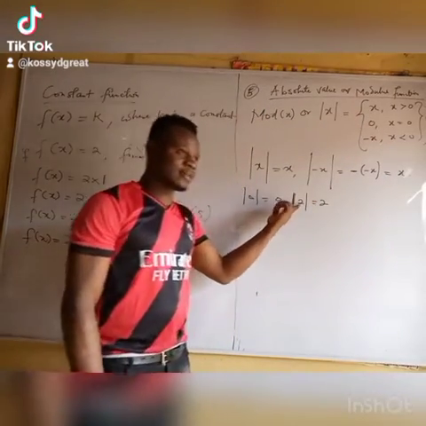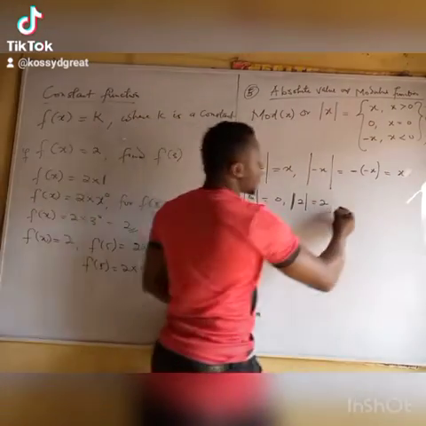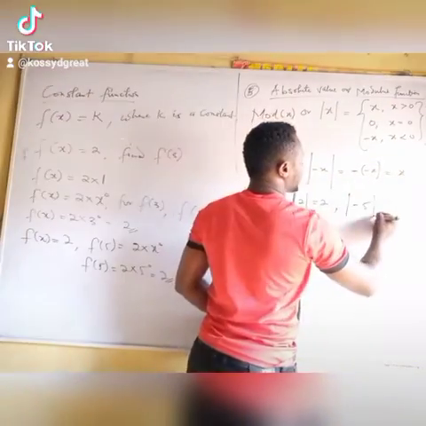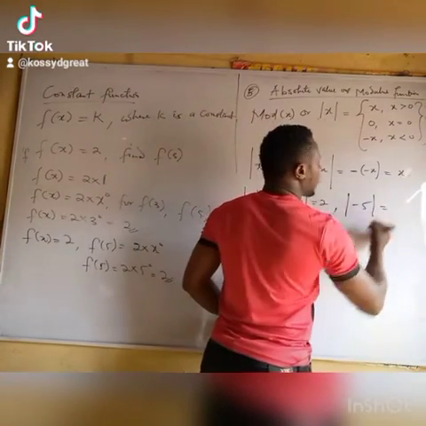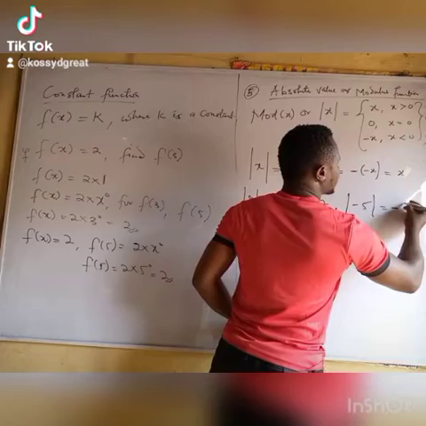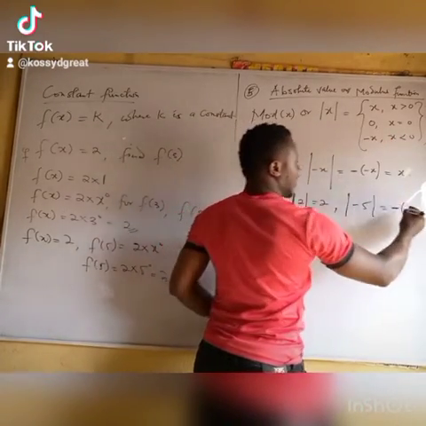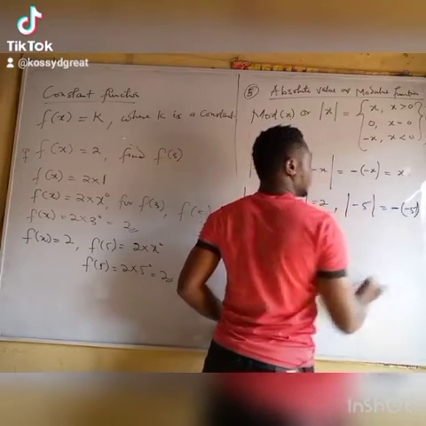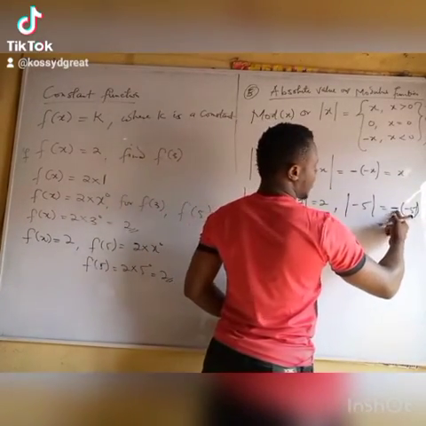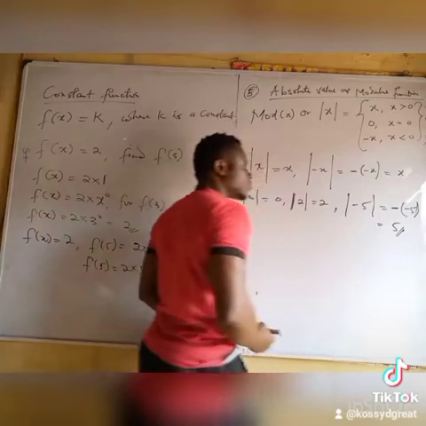Now the absolute value of minus 5 is equal to minus, what is our x? Our x is minus 5. So this will give me minus times minus is 5.